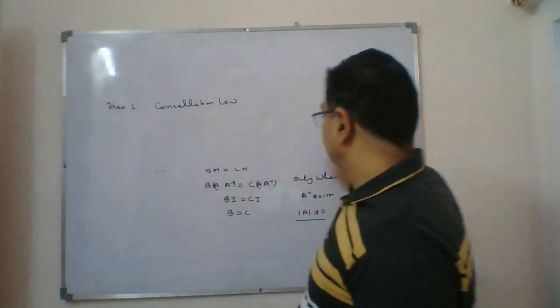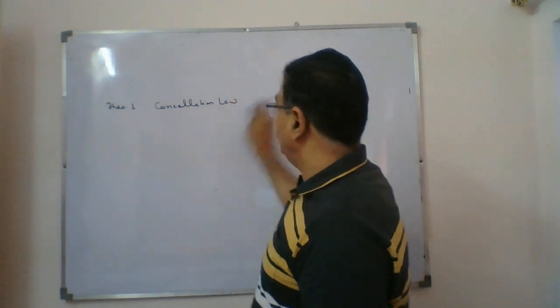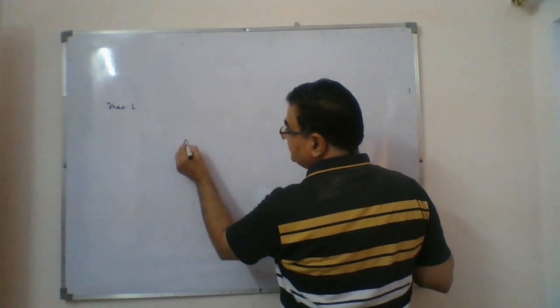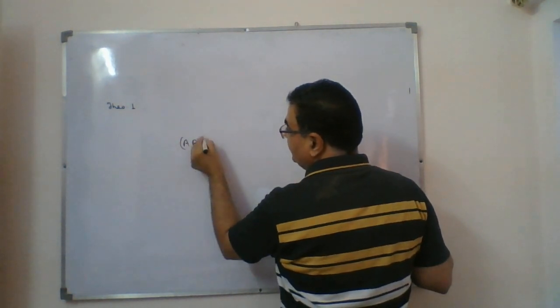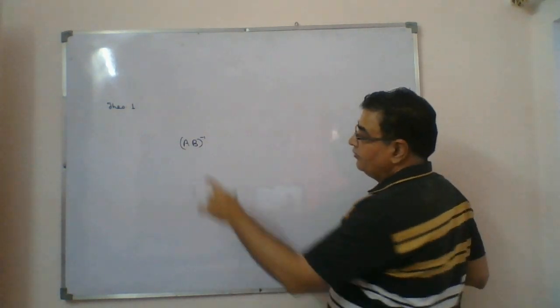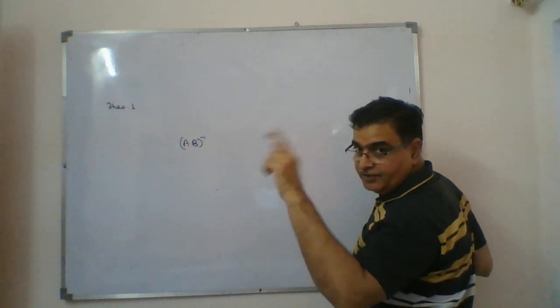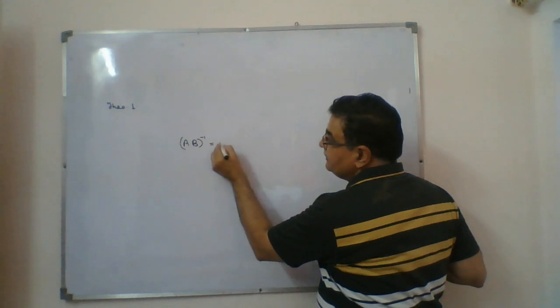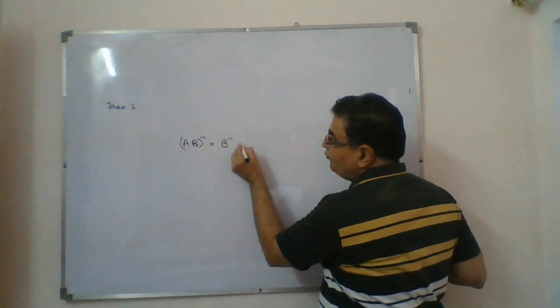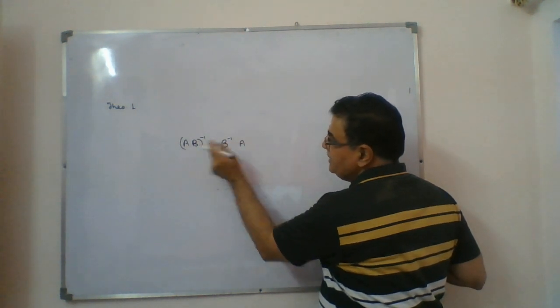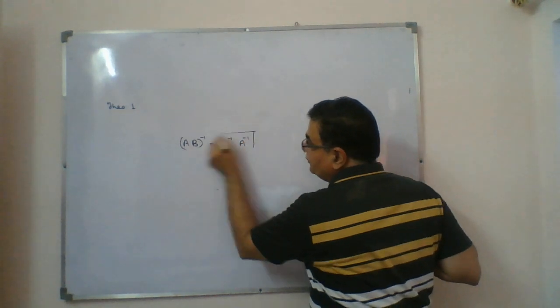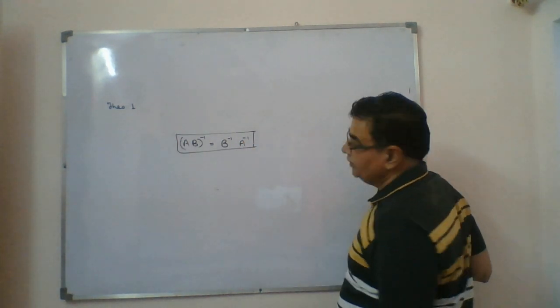The second theorem says if you have two matrices A and B, and take the inverse of the product, first you multiply the matrices and then take the inverse, it will be the same as the inverse of first B and then inverse of A. This is another important property you should keep in mind.